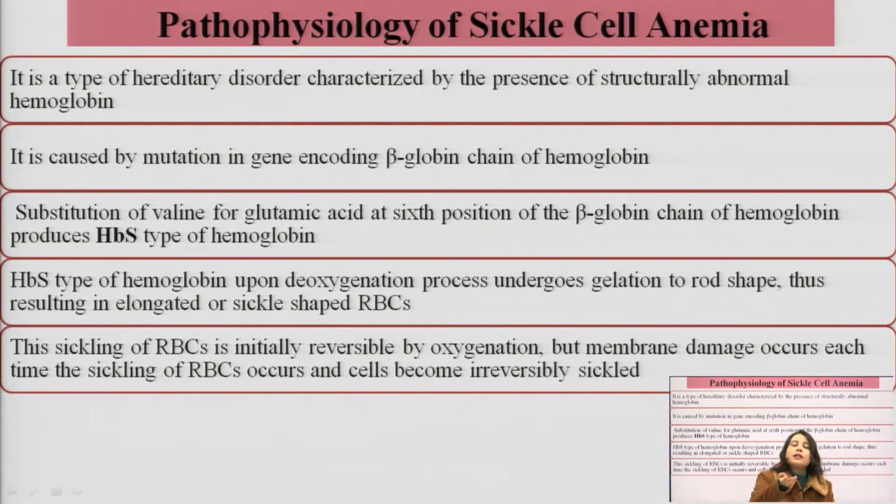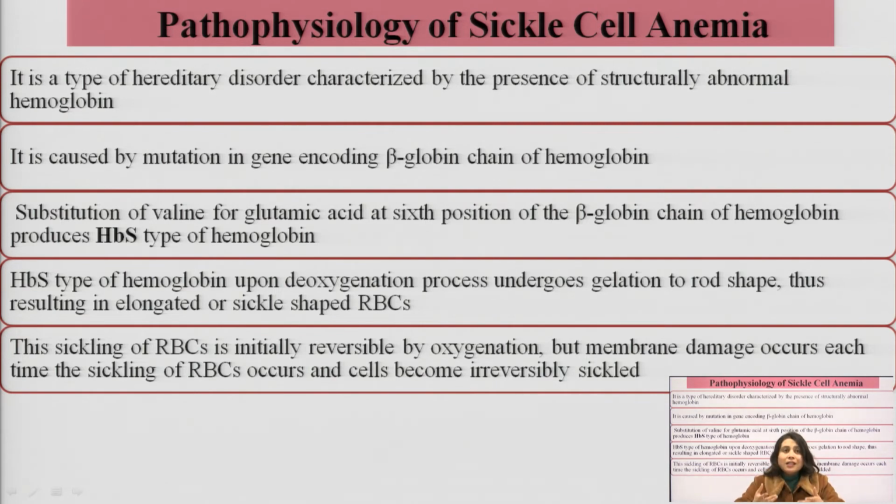Now as soon as the deoxygenation process occurs, means as soon as this hemoglobin delivers oxygen to any cell or tissue, at that time its shape changes. This circular hemoglobin gets converted into a rod shaped hemoglobin. Now imagine when the hemoglobin inside a rounded disc shaped RBC is rod shaped, then the RBC also needs to change its morphology.